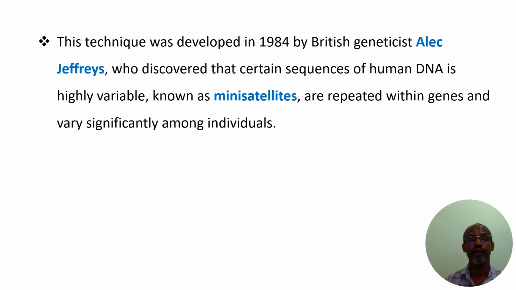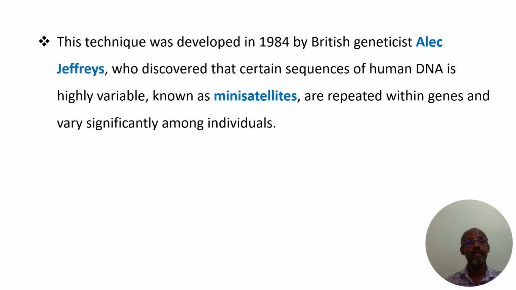Therefore, if we cut out this and do genetic profiling by following the procedure, the chance that two DNA profiles are identical between two individuals is very, very low. Minisatellites are the basis.